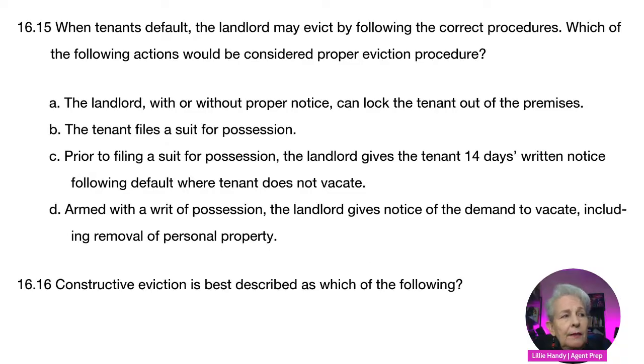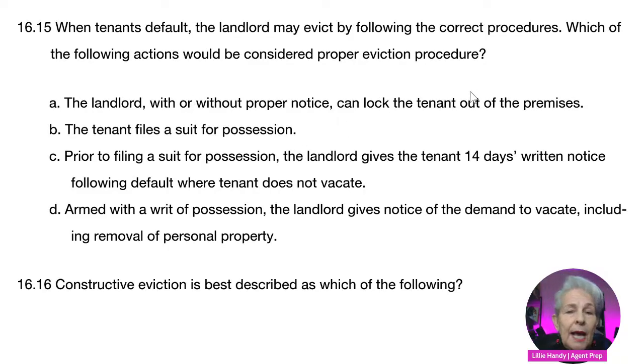Sorry, MJ, it's not C. The answer to 15 is D. So the tenant defaults. Okay, so now the owner has what is called a state of sufferance, right? They're suffering because now they got to evict that tenant. That's a vocabulary.